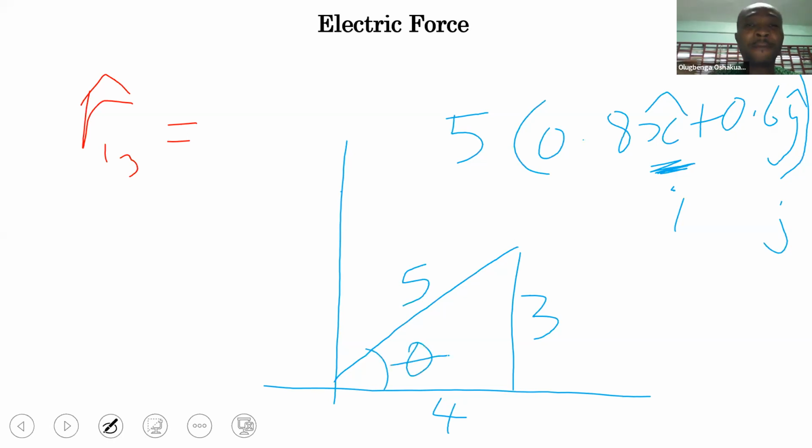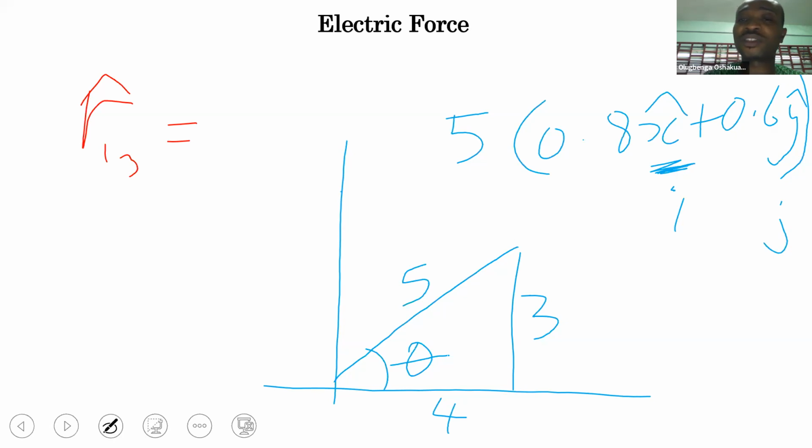If I know the magnitude to be 5 and I know the angle to be theta, then I have described the vector by specifying the magnitude and its direction. So specifying the magnitude and the direction means I am describing a vector.